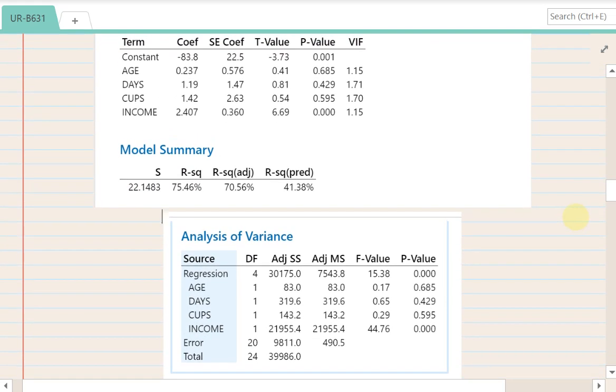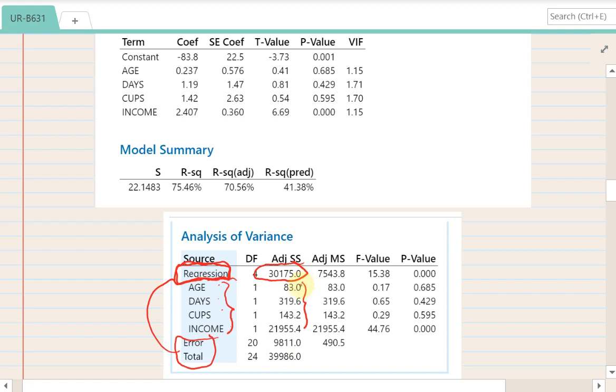And this is what the ANOVA looks like. Remember the analysis of variance. So here's how Minitab puts it. Remember, for simple linear regression, first order model, chapter 7, we only had the regression, error and total, right? We only have those. Now, because we have 1, 2, 3, 4 independent variables, Minitab actually shows the contribution to the overall sum of squares due to individual sum of squares.